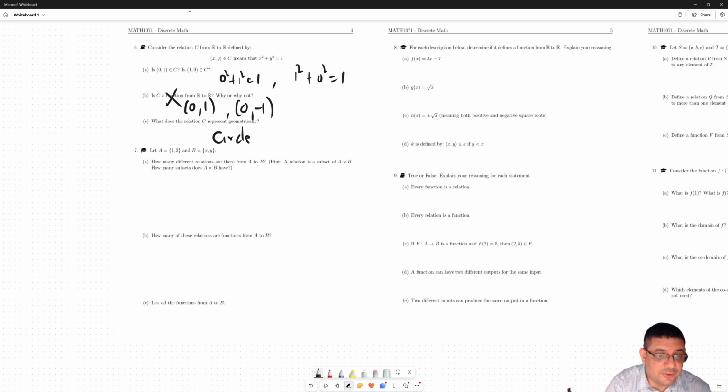Now, in question 7, we have the set A being {1, 2} and the set B being {x, y}. How many different relationships are there from A to B?